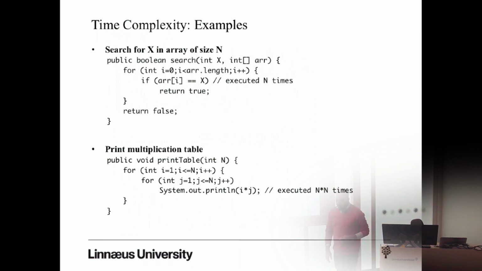And then, as I said in the beginning, when we are trying to estimate the time complexity of an algorithm, we do not care about the smallest factors. We only take the largest factor, because it's like a limiting behavior.